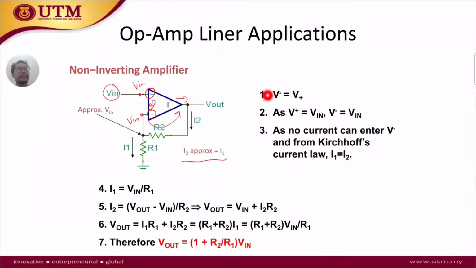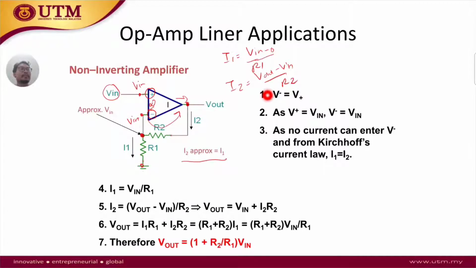And what is I1 and I2? We can derive that I1 is simply V in minus 0 over R1, and then I2 is simply V out minus V in over R2.